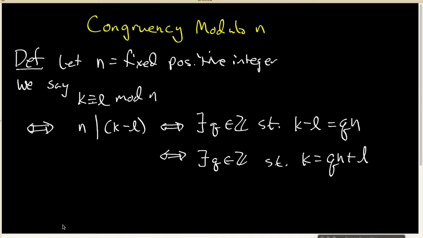Now it turns out that this particular relation on the set of integers happens to be an equivalence relation, and we need to prove that as a formal theorem. So, theorem.